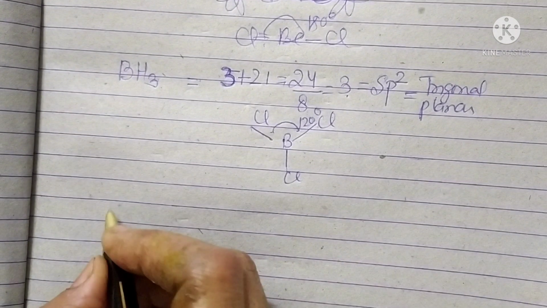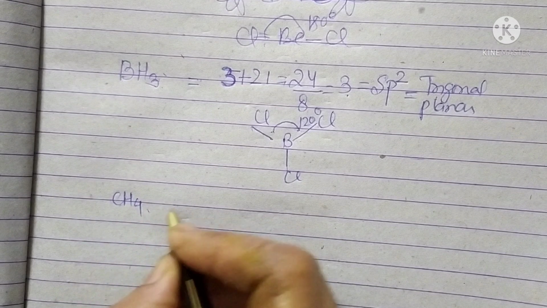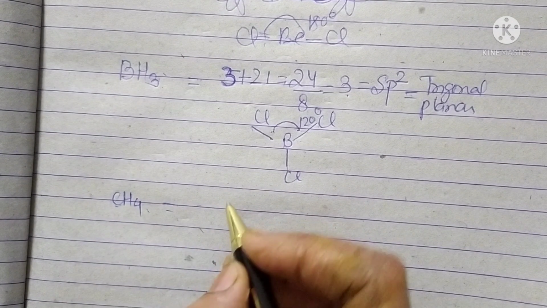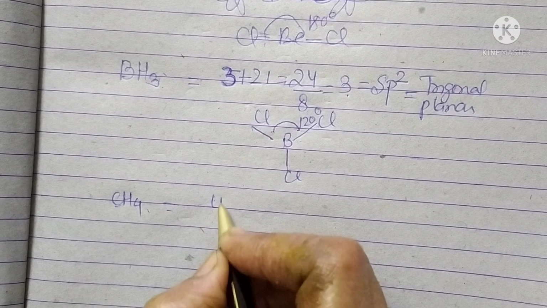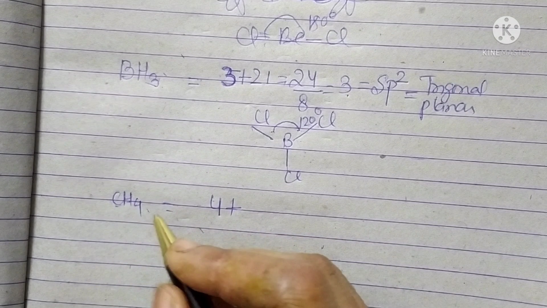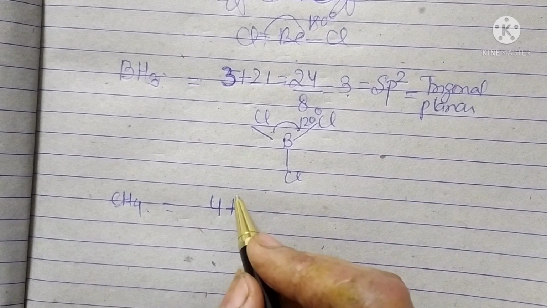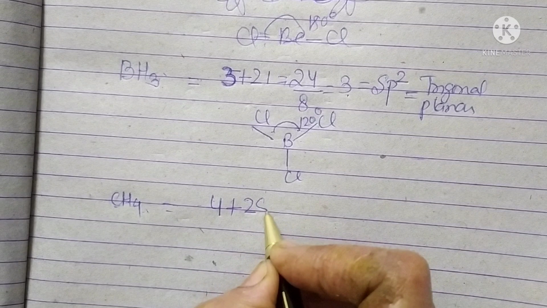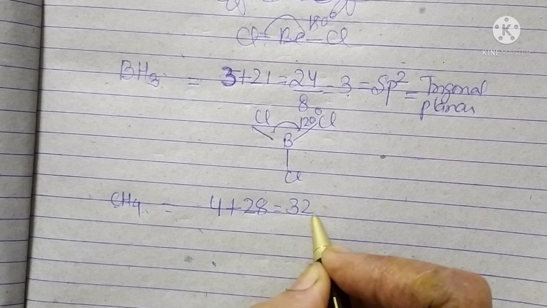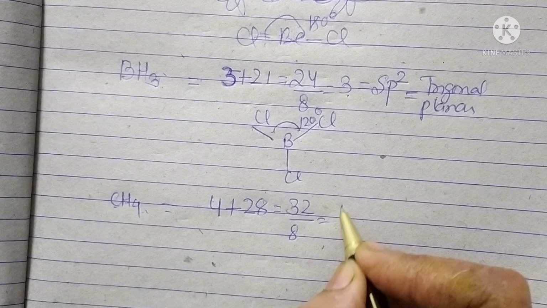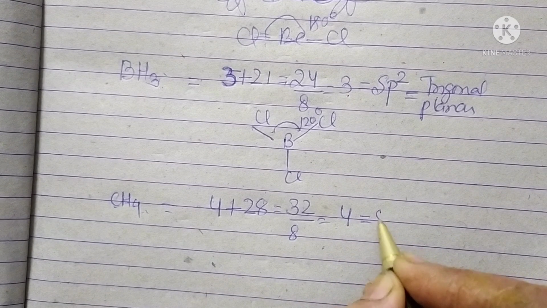Now another molecule, CH4. Here carbon has atomic number 6, so the valence electrons will be 4. Hydrogen acts as a halogen, so 7 fours are 28. It is 32 divided by 8. It will be 8 fours are 32. So the answer is sp3.